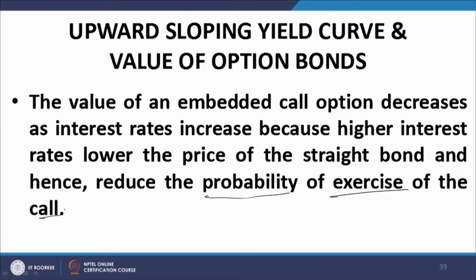I have discussed this in a lot of detail already. As interest rates increase, the prices of bonds across the market decrease, and as a result, given a certain exercise price, the chance of a bond price exceeding the exercise price reduces, and that translates to a fall in the value of the call option.